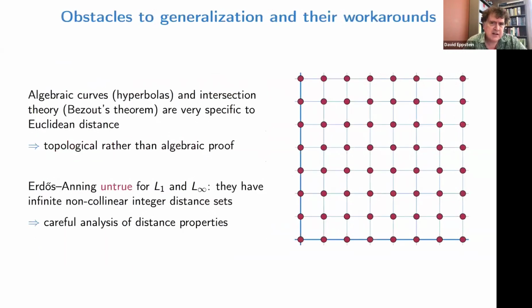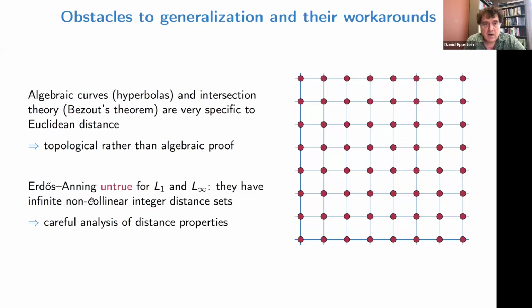Now I want to generalize this to other metrics. For instance, we might want to think about the L1 or L infinity metrics. I'm not going to be able to generalize to those metrics because in those metrics there do exist infinite sets of points with integer distances from each other, the integer grid.